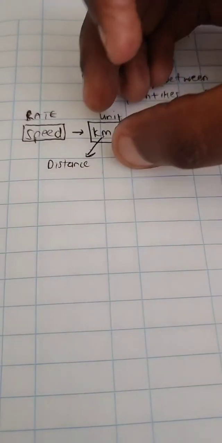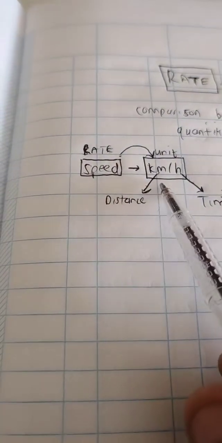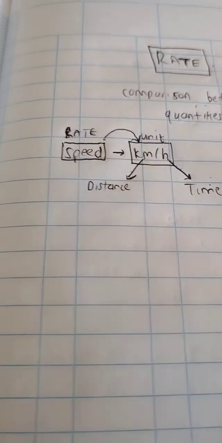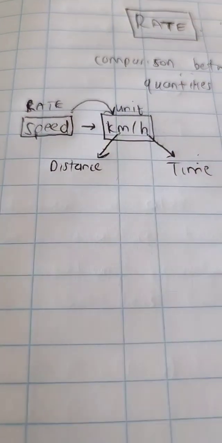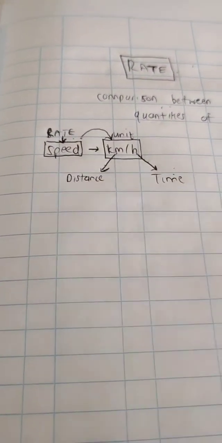It is captured in the unit of speed. The unit of speed is kilometers per hour, and we are comparing kilometers, which is distance, with time. Hence, we refer to speed as the rate.